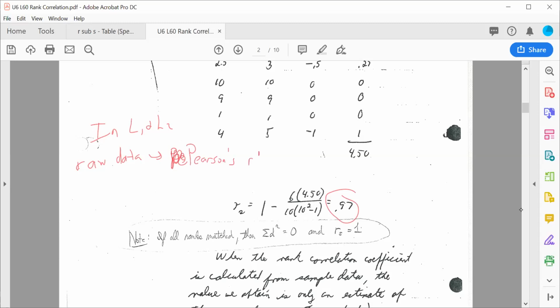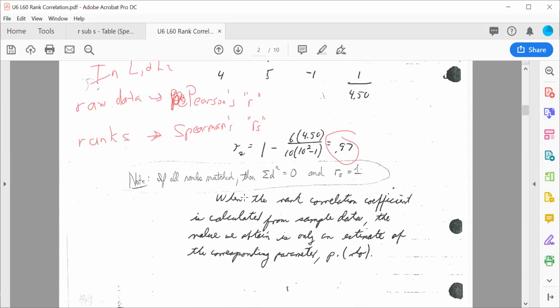If you put in the ranks into L1 and L2, you're going to get Spearman's R sub S. That's the bottom line. You do the exact same thing. You put the X's in L1, the Y's in L2. But if they're the raw data, you get Pearson's linear R. If you put in the ranks, you get Spearman's rank R sub S. That's it. The procedure is the same.